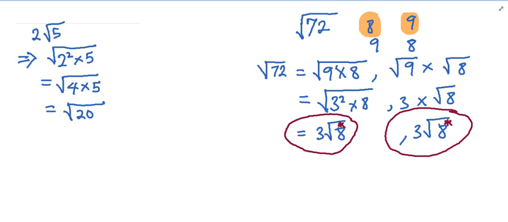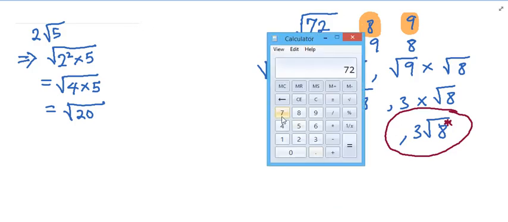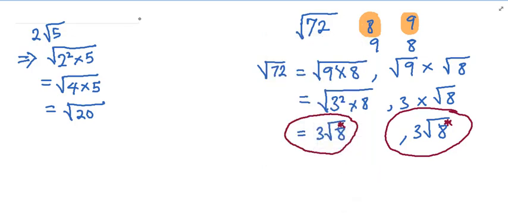So 72, which number can give us 72? I think 12. So let's just do 72 divided by 12, what is it giving us? 6. So let's check.